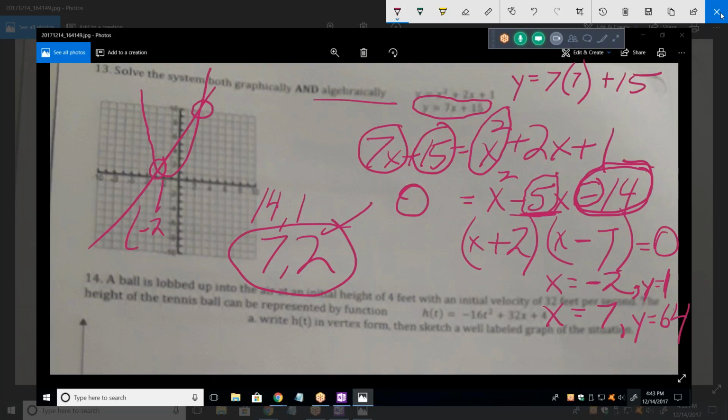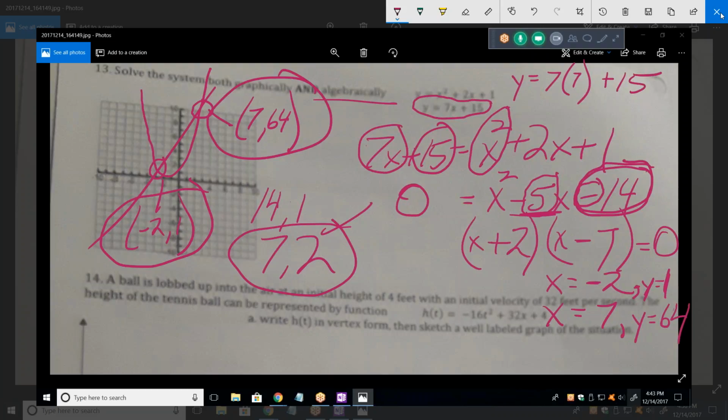And then 7, 64, which is the one way up there. And obviously I can't graph it on their graphing grid in any way, shape, or form. They keep giving us the same grid and giving us problems where the numbers are way off the grid. But that's right. Each solution has an x and a y coordinate.